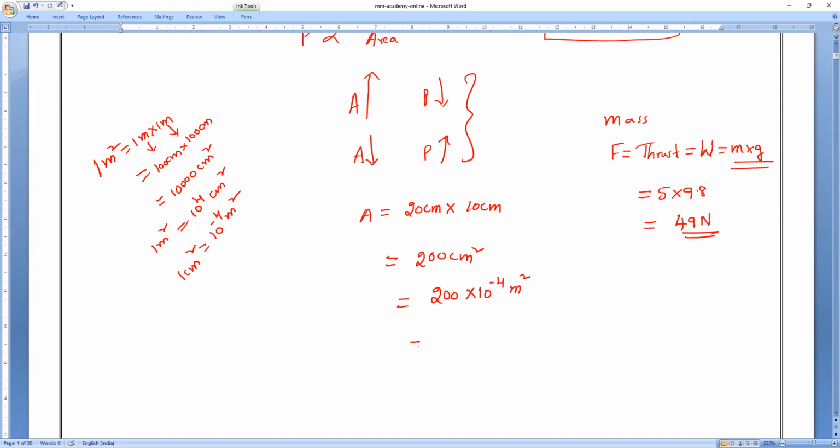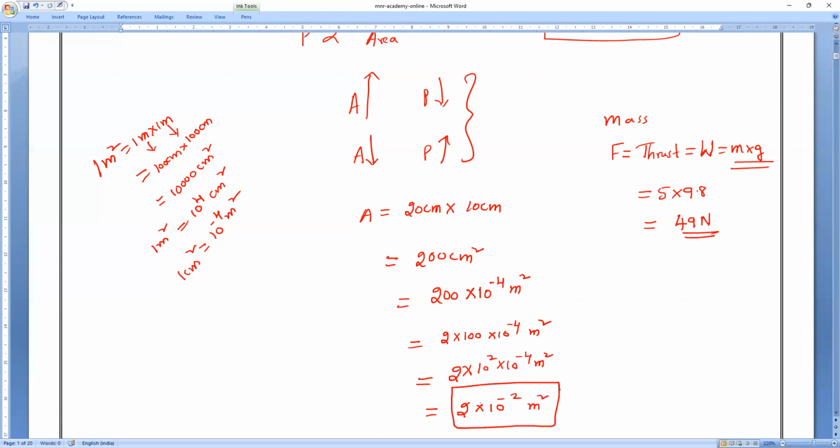Now 200 I can also write as 2 into 100, any problem? 100 can I write as 10 square? Now 2 into 10 power 2 and 10 power minus 4. What is the answer? 10 power minus 2 square meter.